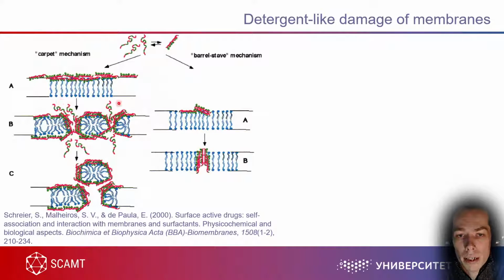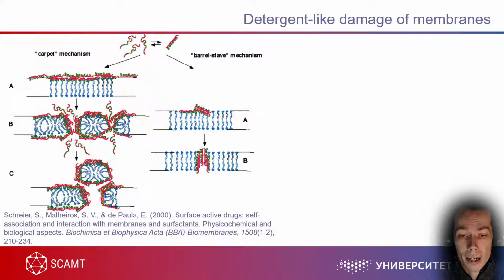But when you increase the concentration of surfactants, these surfactants will pass through the membrane and they will disrupt at least part of the cell membrane. And when the concentration increases even higher, there can be a situation when part of the cell membrane, surrounded by these surfactant molecules, just flows out of the rest of the cell membrane, and this will lead to the formation of a hole.